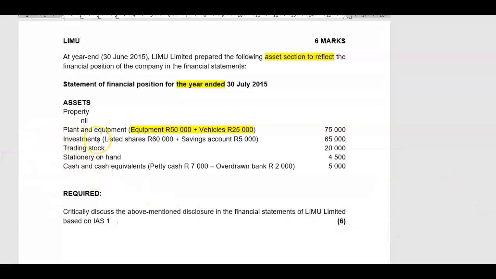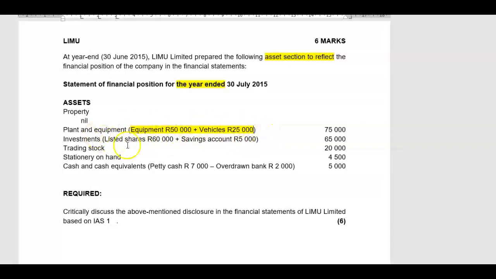Then they have investments. Now investments, there's no such line item. We have under non-current assets, financial assets. So investments should have been identified as part of financial assets. Now, under financial assets, we should have shown investments in listed shares, 60,000 Rand.